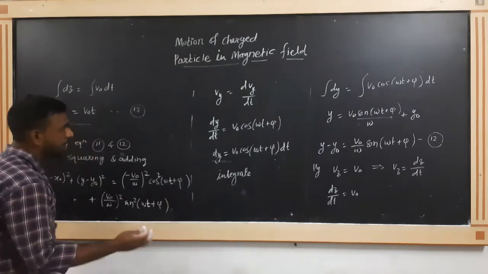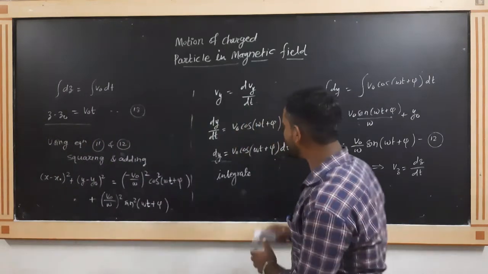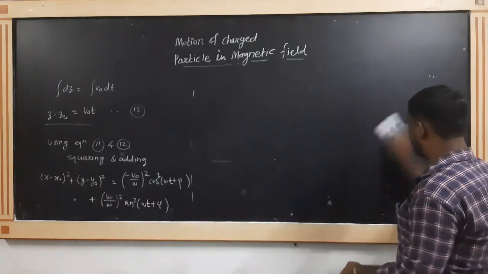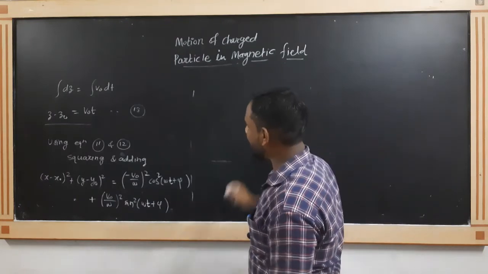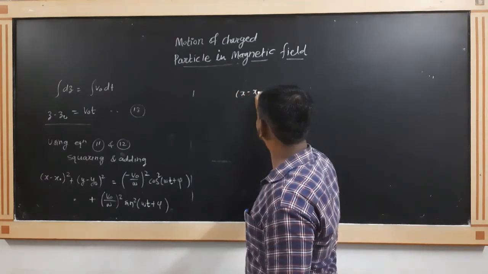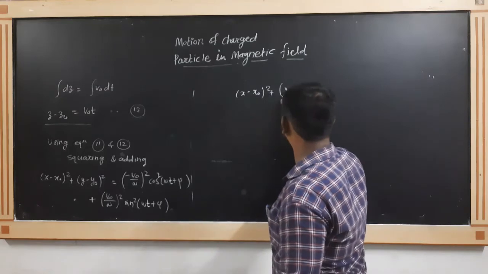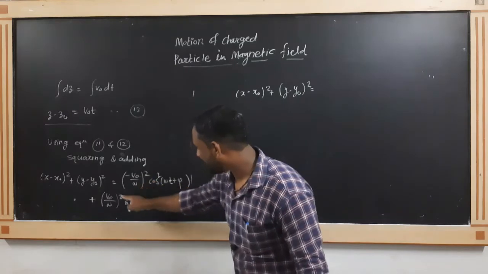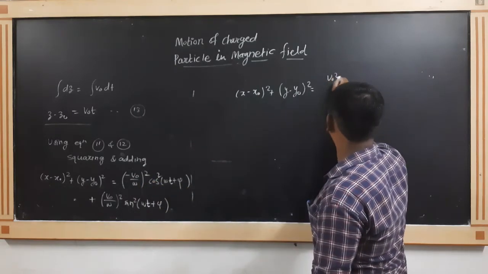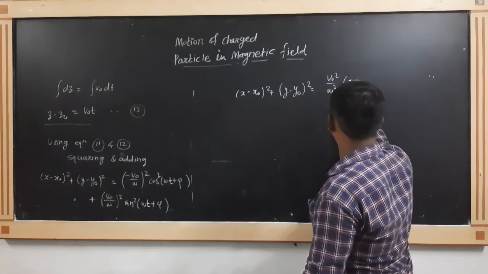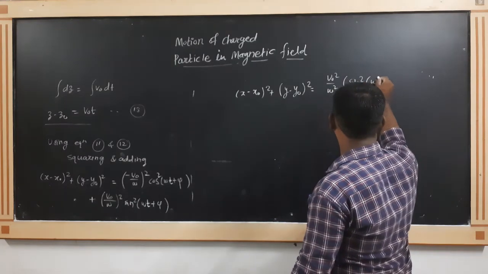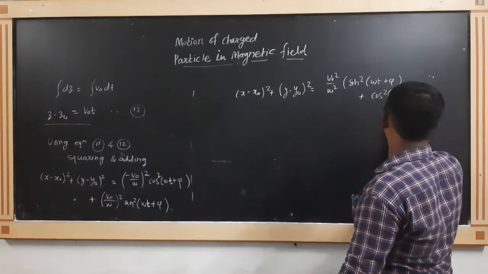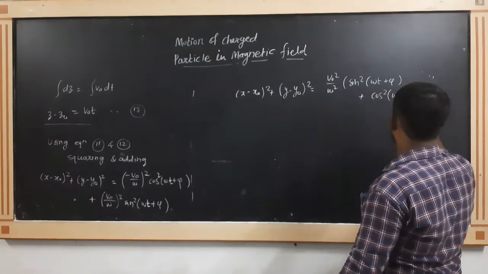Again rearranging the equation, what do we get? We get x minus x0 bracket squared plus y minus y0 bracket squared is equal to v0 squared upon omega squared, which is constant, times sine squared of omega t plus phi plus cos squared of omega t plus phi.